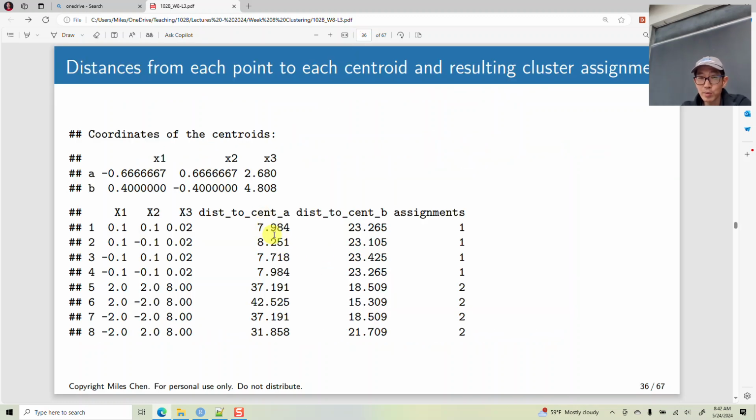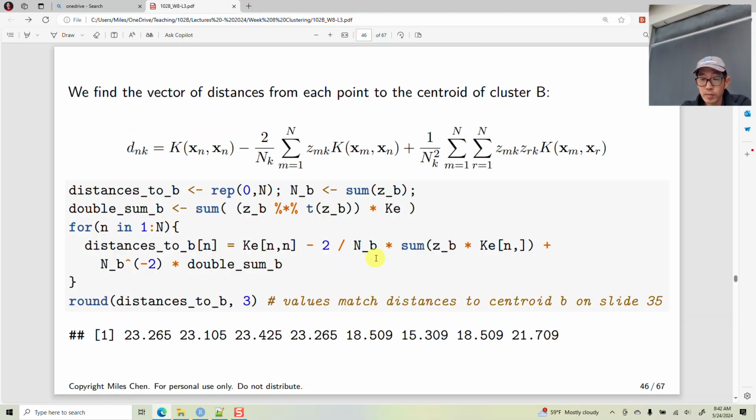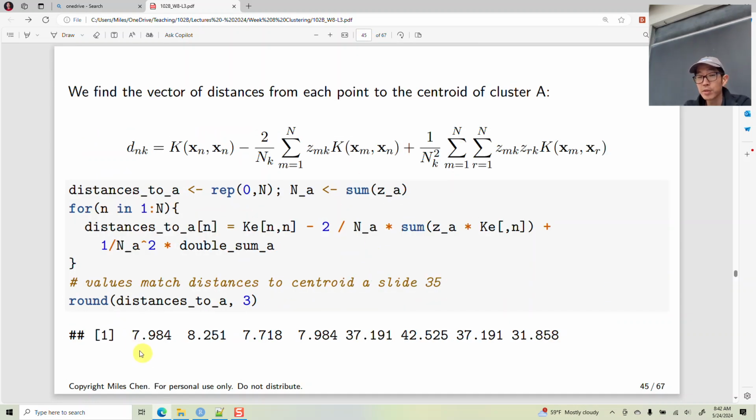Look at these numbers: 7.98, 8.25, 7.7, 7.98, 37.19, 42.525. And you get those same values, right? 7.98, 8.25, 7.7, 7.98, 37.19, 42.525. So we're getting the distances to centroid A despite not finding the actual location of centroid A.